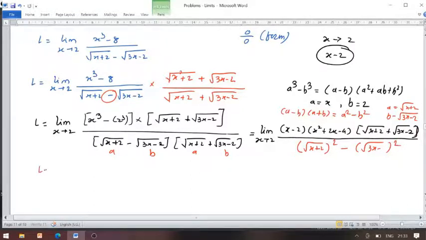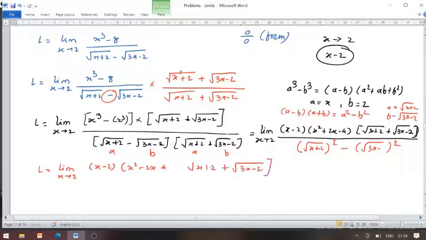So once we have the factor (x minus 2) in the numerator, keep that. Now the numerator as it is, (x square plus 2x plus 4) into that irrational function, root of (x plus 2) plus root of (3x minus 2).